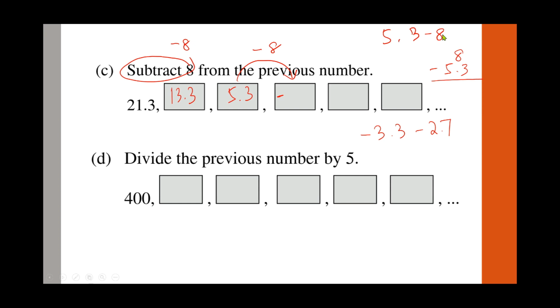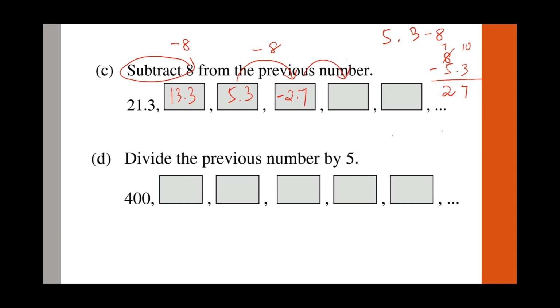Look at the right corner here, I'm showing you the working. 8 minus 5.3. Here, 0 is not enough to minus 3, so we have to borrow from the 8. This is 7, this is 10. So 10 minus 3 is 7. 7 minus 5 is 2. So the answer is negative 2.7. Okay, then we carry on again.